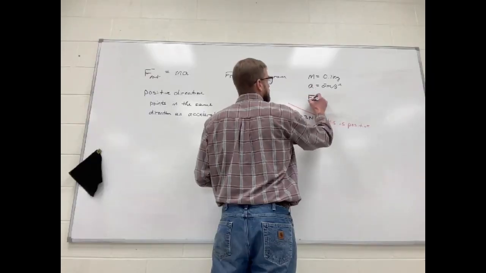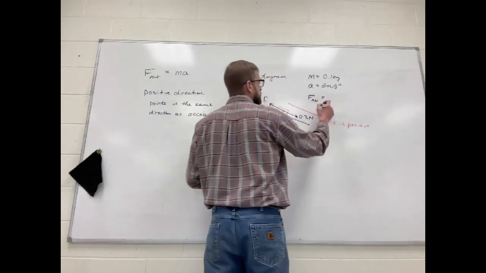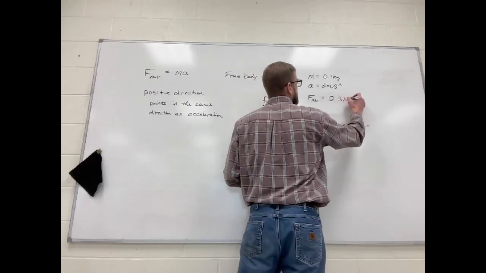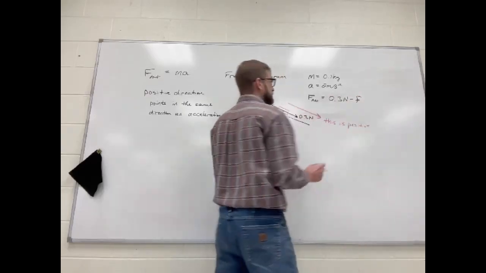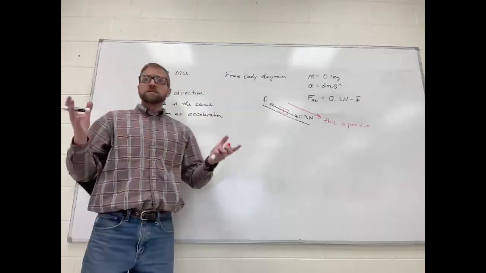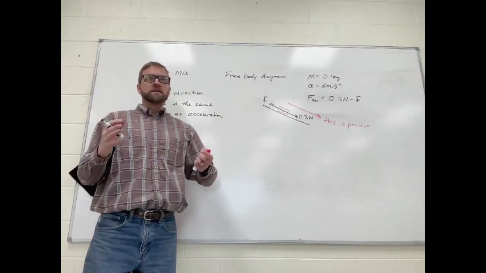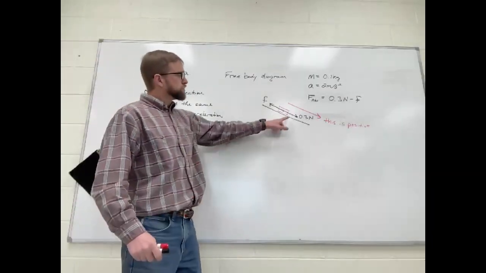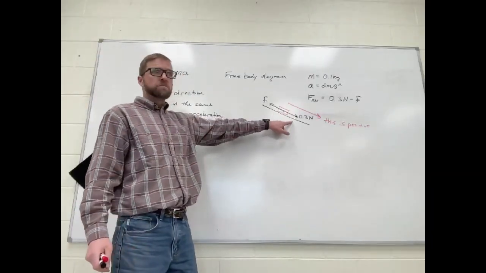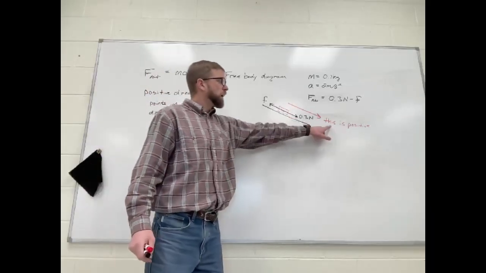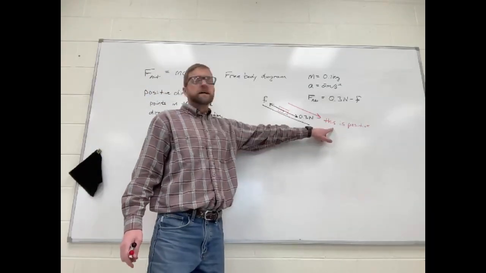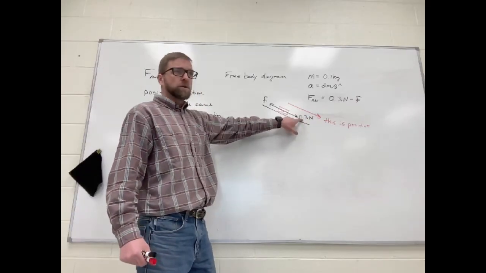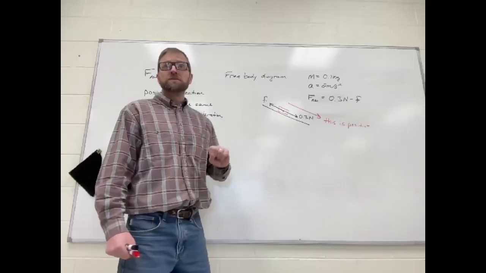F net is equal to 0.3 newtons minus F. So this is the net force acting on the puck, right? So you notice what I did? Sketched it out. I illustrated the two forces that were acting on the puck. I found the positive direction. And then the net force is the positive force minus the negative force.